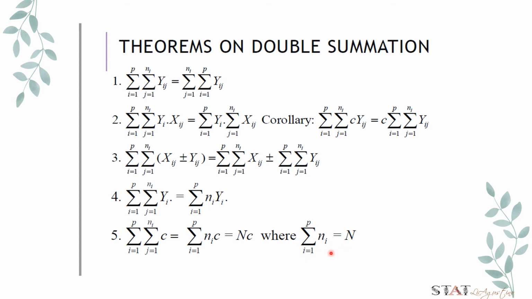Remember that we have the n1, n2, n3, n4. If you add them all, it will represent your total sample size or the population size. That's why it's still letter N or the population size.